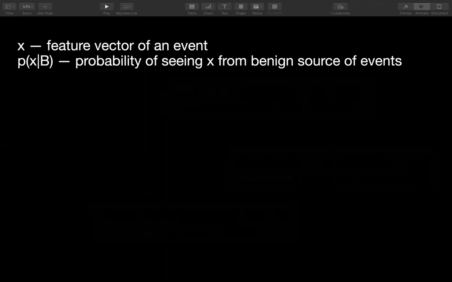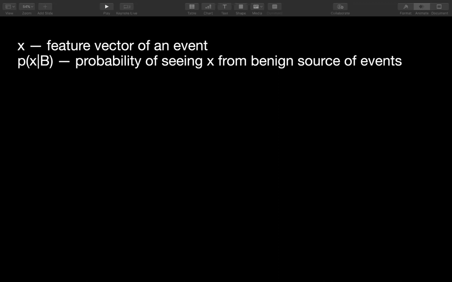For each event, we have a feature vector X, and then we get a distribution on the benign events. So we imagine some source of benign events that induces a distribution on these samples X. I'm going to write that as P of X given B, given that it's coming from a benign source. You could also have a malicious source of data as well.